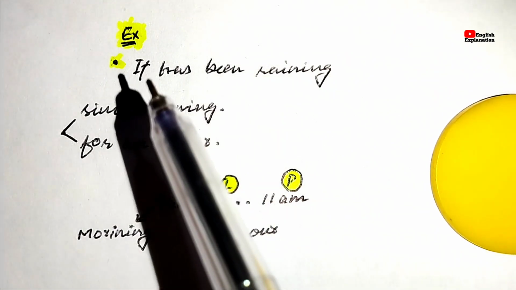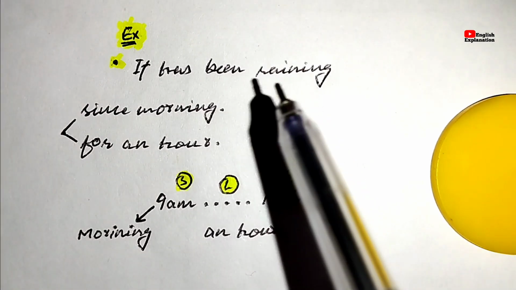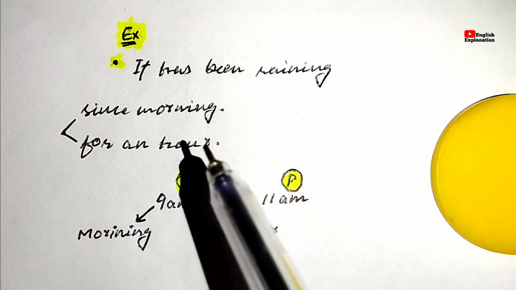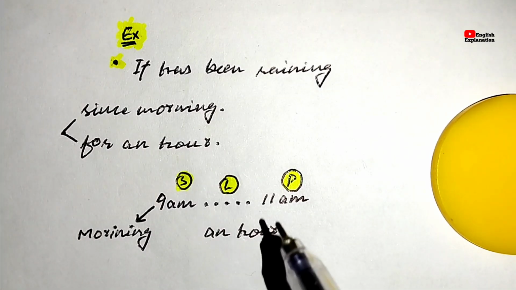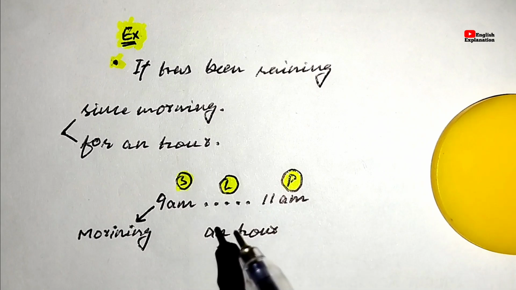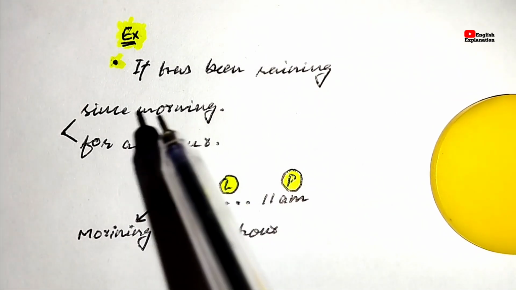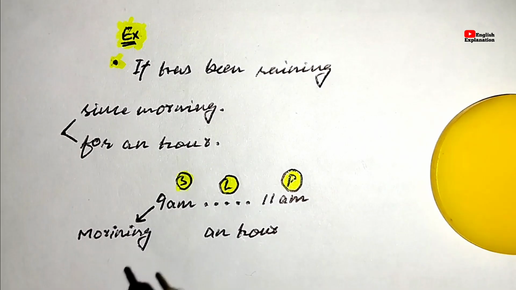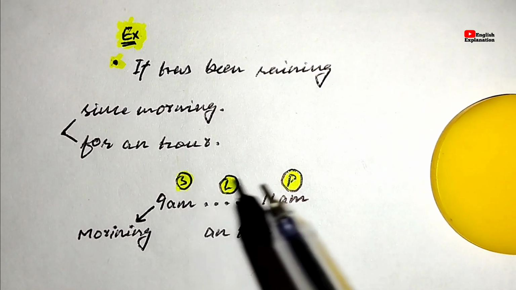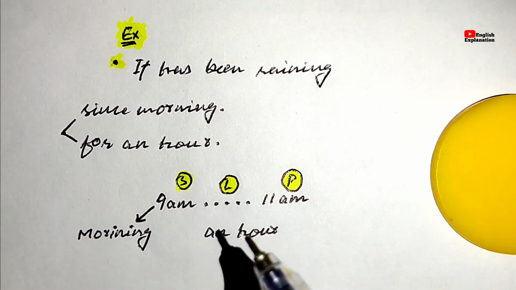So here you can see it has been raining for an hour. Here we are using length of time. So for length of time we use for, and for starting point we use since. I hope you got the difference between them.